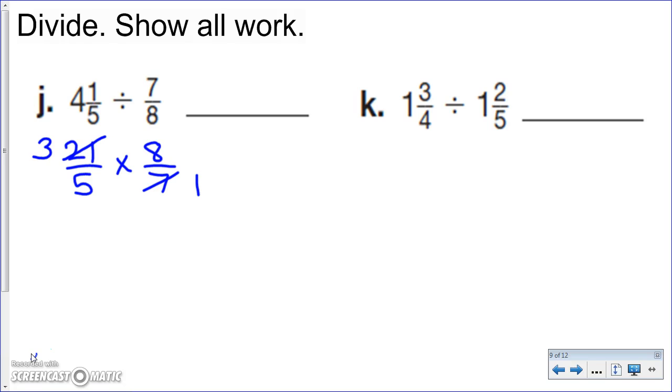By simplifying here, we make our problem a lot easier in the end because we're going to work with smaller numbers, and we're not going to have to simplify when we get to the end result. So now we can multiply across. 3 times 8 is 24. 5 times 1 is 5. Now we just need to take our improper fraction here and turn it into a mixed number. So 5 is going to go into 24 4 times with 4/5 left over.